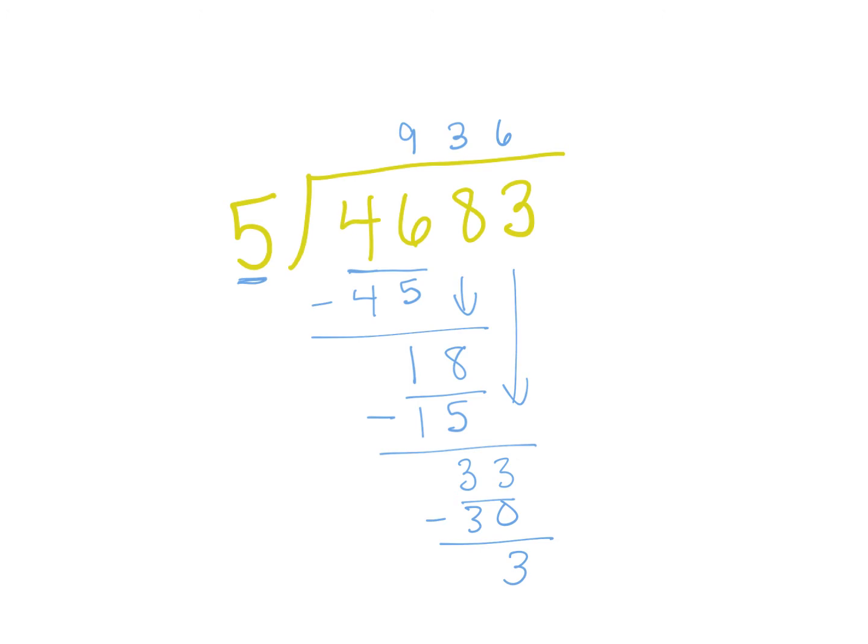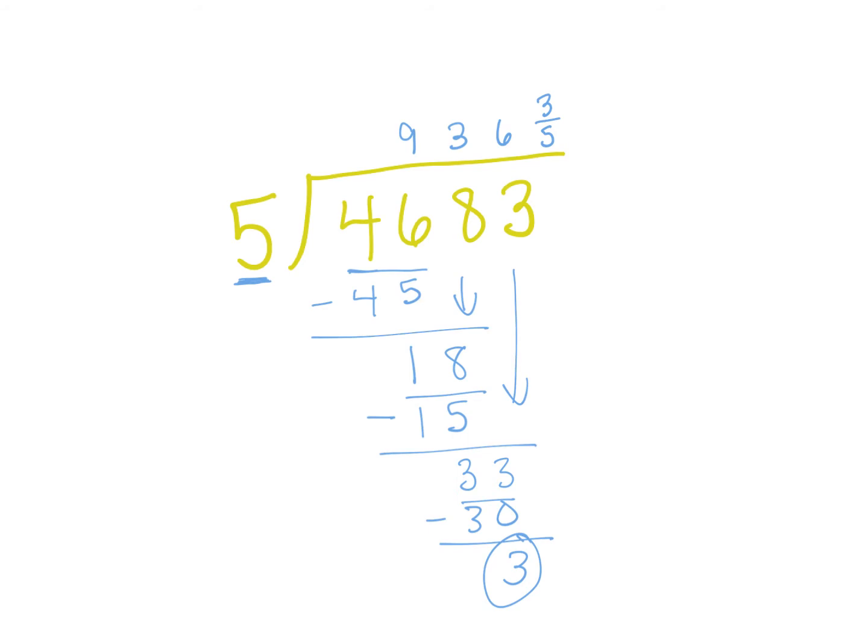Now, one of your teachers way back when probably let you just leave it like that. But then one of your later teachers said, well, no, we know how we can write that. And we write that as 3/5 because that's the part that's left over that we're trying to divide into the 5 equal parts. So 5 divides into 4,683, 936 3/5 times.